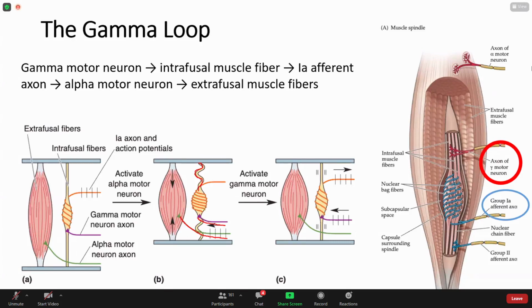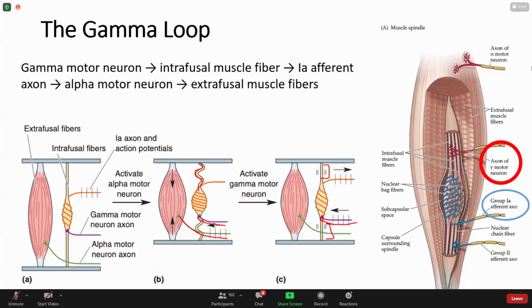And so activation of the gamma motor neurons is very important, because we know that the intrafusal fibers have two contractile regions on both ends, okay? And the gamma motor neurons would activate the ends of the intrafusal fibers.